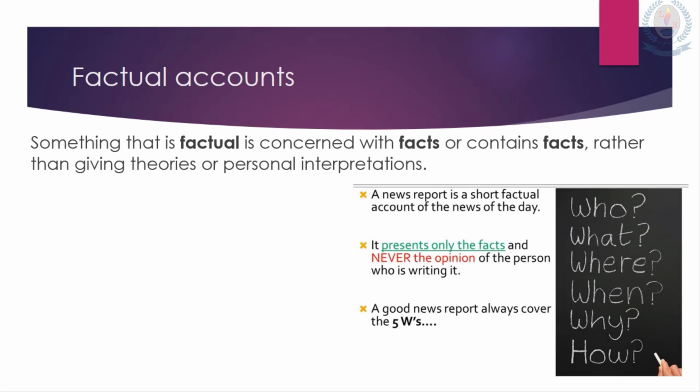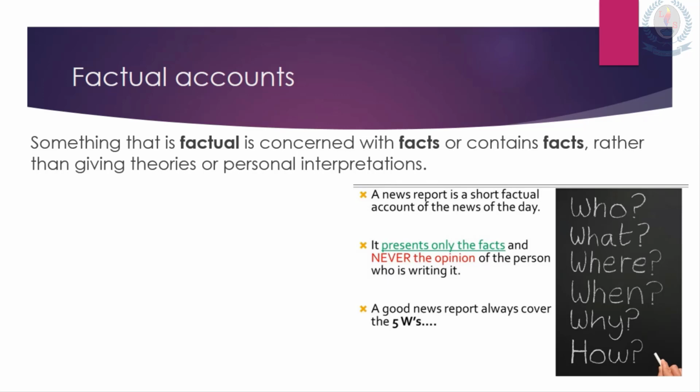Look at this example. A news report. A news report is a short factual account of the news of the day. Now you can't write personal interpretations or opinions. You are reporting an incident based on facts. So it's a factual account. It presents only the facts and never the opinion of the person who is writing it.